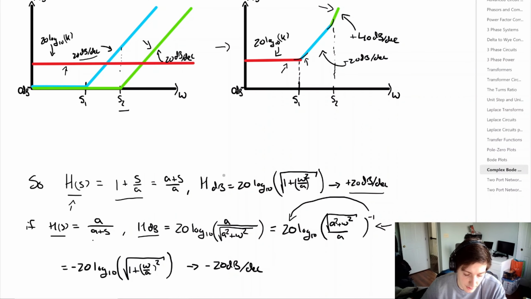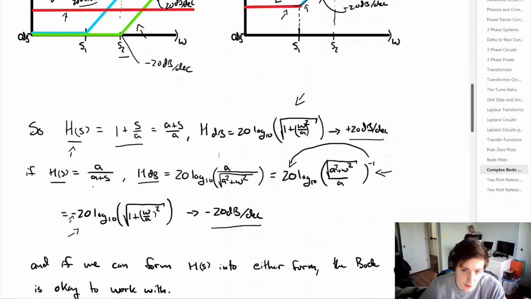If we do that and clean up the terms a little bit, we simply get this bottom term here, where you can see that this looks very familiar to this function up here, except we get this negative sign that appears. So this is going to lead to a -20 dB per decade decrease. Rather than increasing like we had up here, we'd have a decrease of -20 dB per decade.